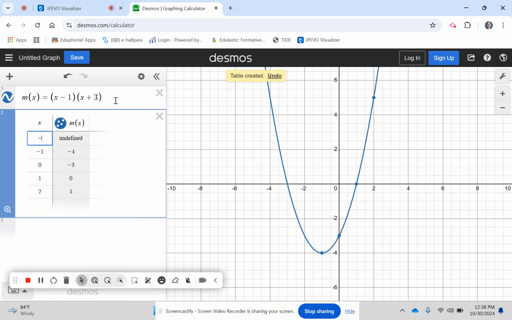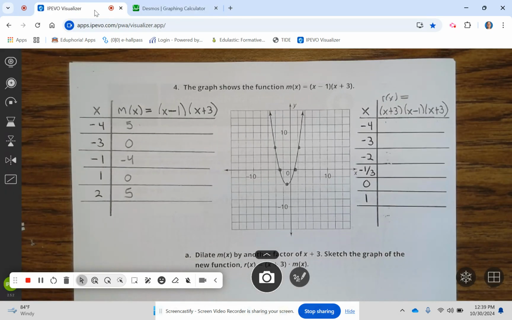and then -4, -3, -1, 1, 2. All right, let's go and fill that table in. All right, go ahead and complete the table.